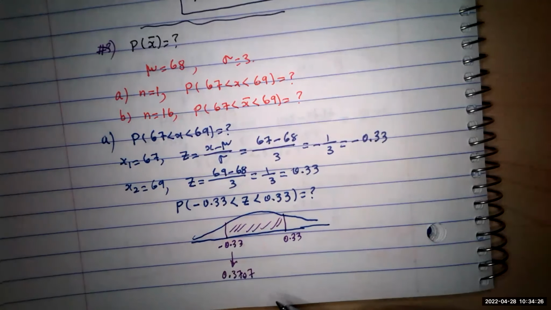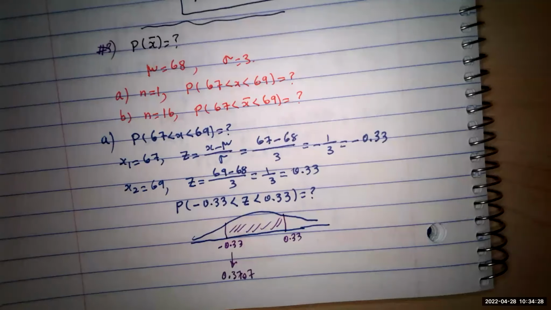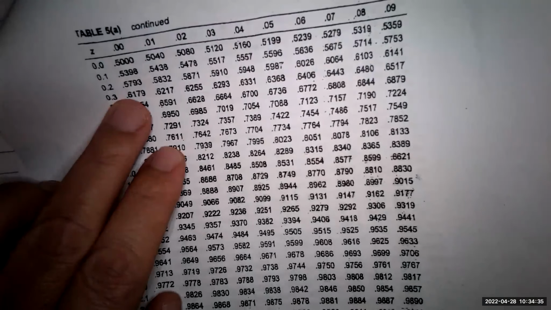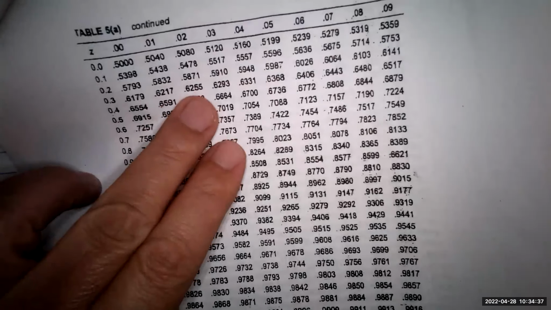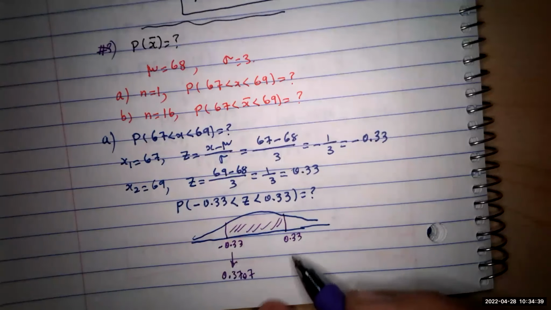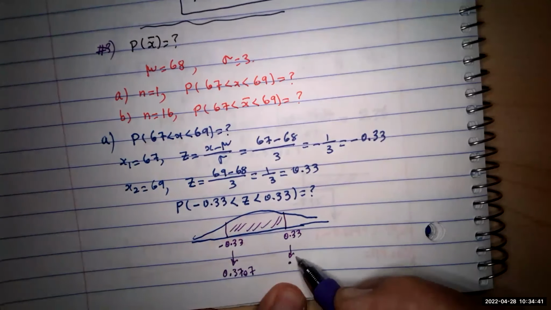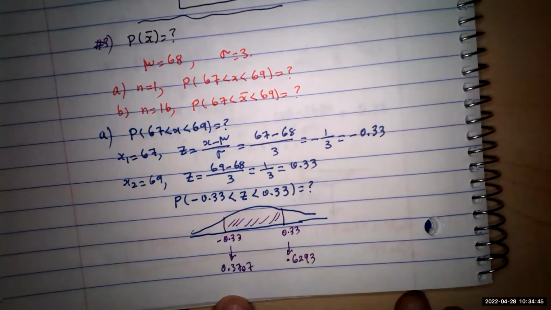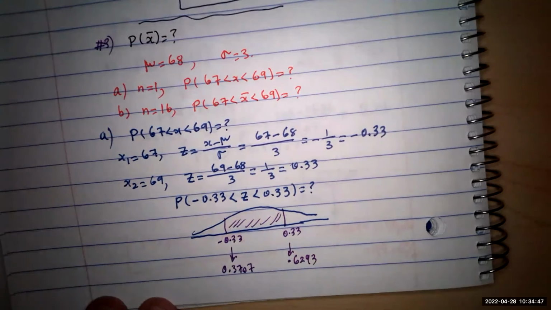Then you go to the positive side, 0.33, and you get 0.6293. So you subtract that to get your probability.